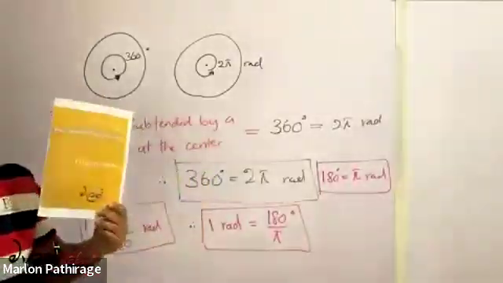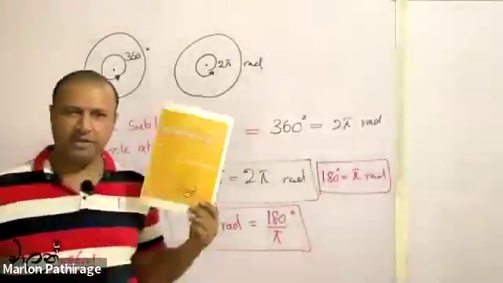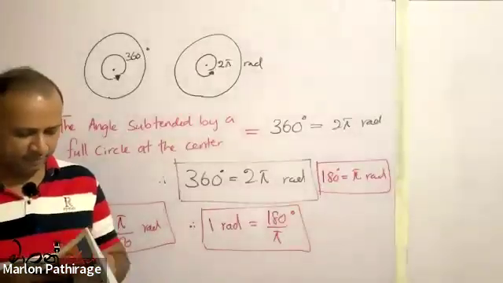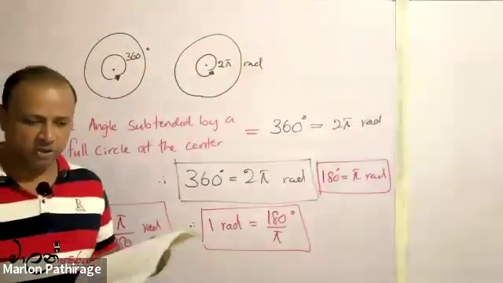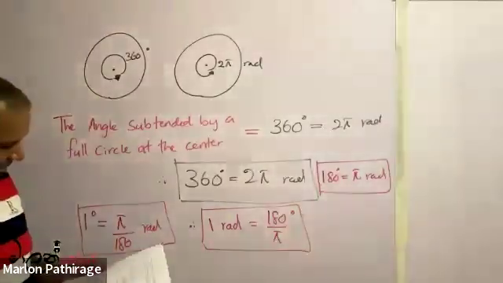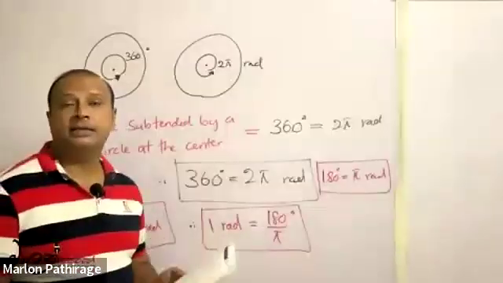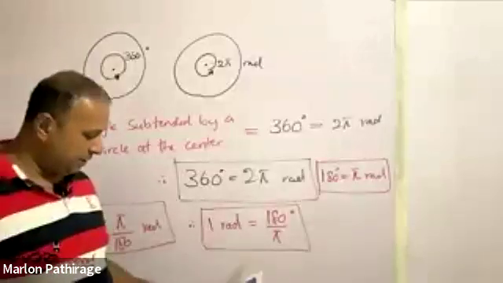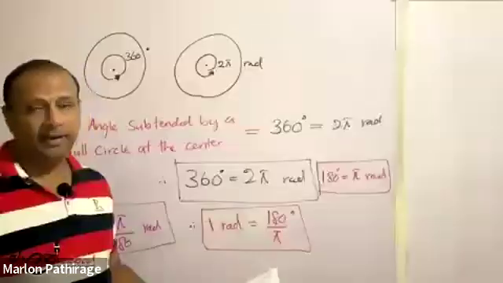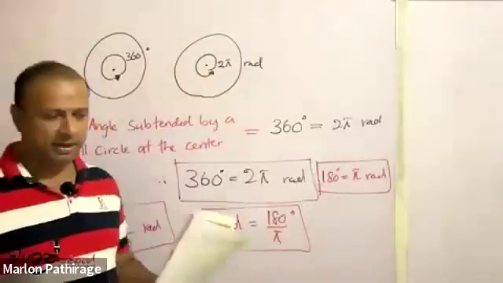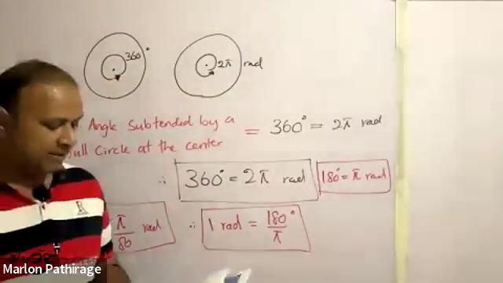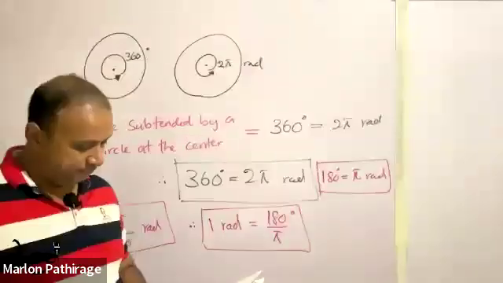Then turn to the second page. There's a topic, relationship between radian and degrees, arc length, and area of sector. Area of a sector we have to do later, but other things we can do now.